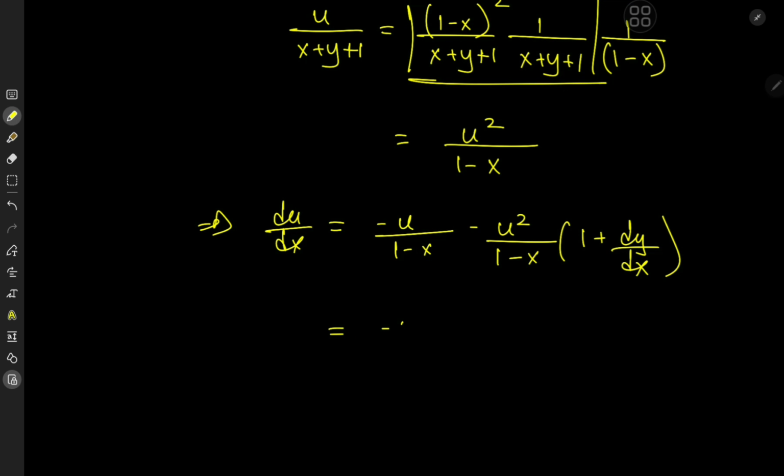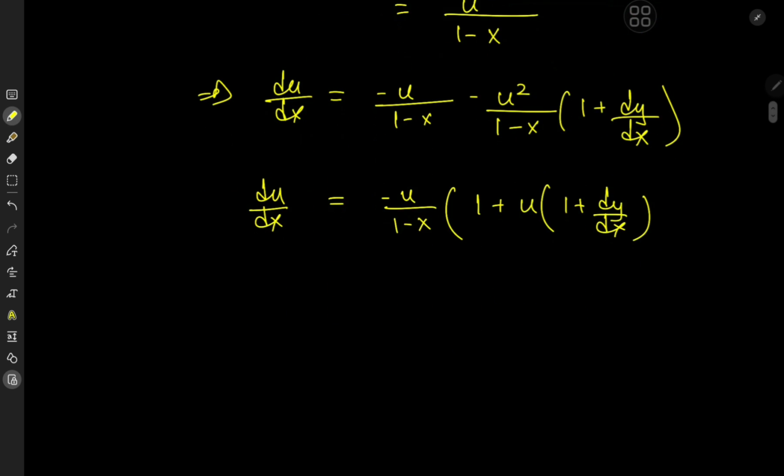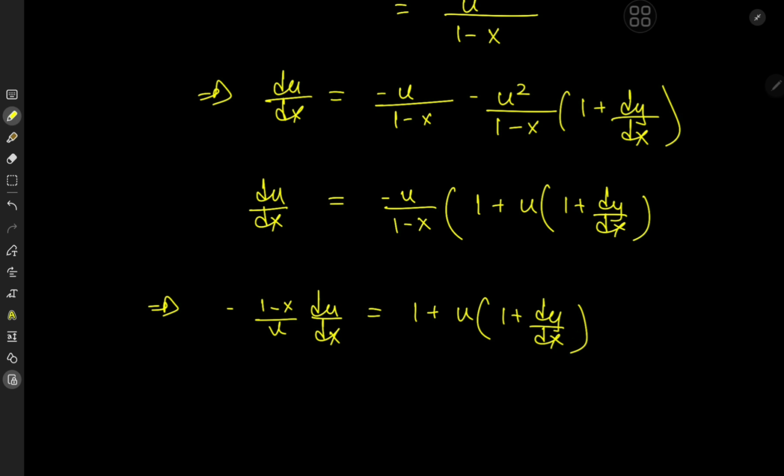That means we can factor out a negative u/(1 - x) term, so might as well make do with that. We have (1 + u) times (1 + dy/dx). And now we can expand using (1 - x)/u. So this implies that negative (1 - x)/u times du/dx equals (1 + u) times (1 + dy/dx).